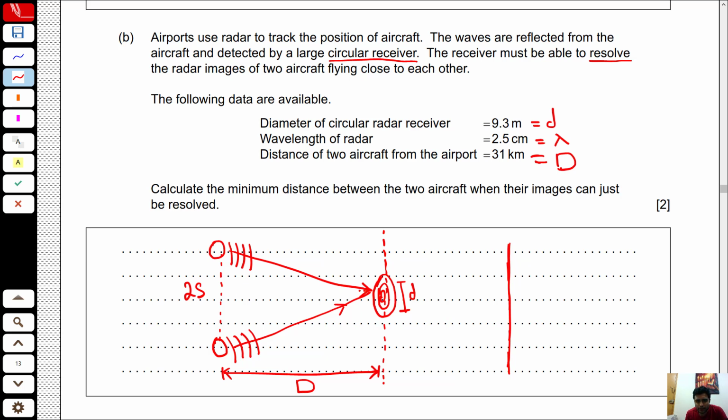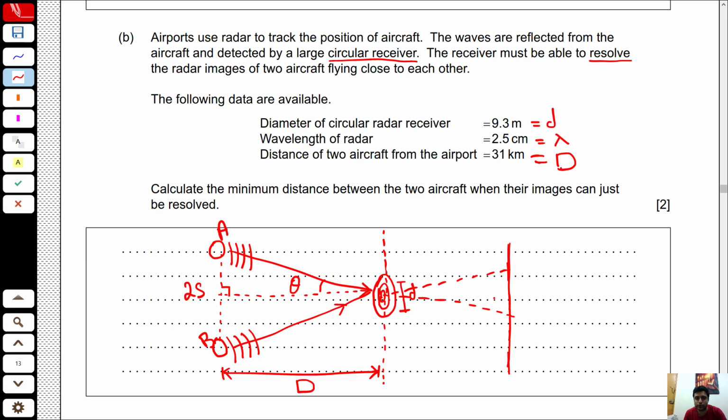Divide this problem into two parts. Here we have a right angle triangle. Call this angle the diffraction angle, this theta. And then these two aircraft, for example, if this is A, this is B, these two aircraft produce an image on a sheet, the backside of the screen.